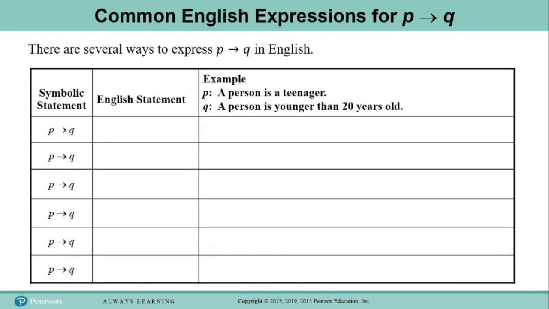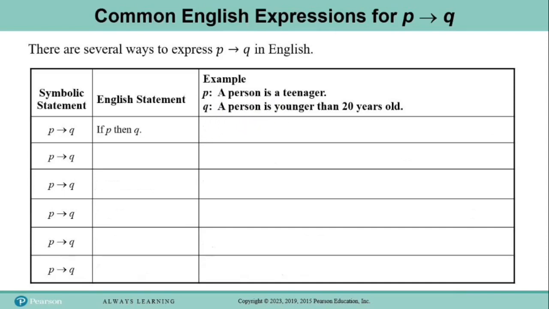So what we're going to do here is get an English statement. In every case, the English statement will be represented by if P then Q, like we have seen already. And then we're going to get an example of that English statement using the P and Q shown here as our two simple statements.